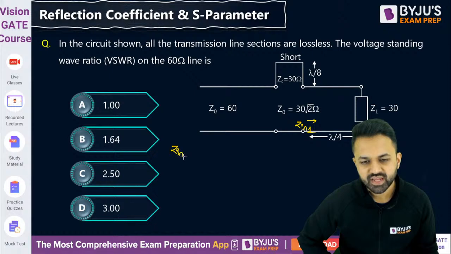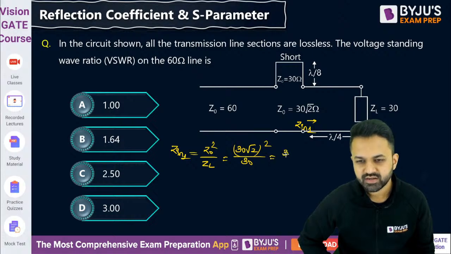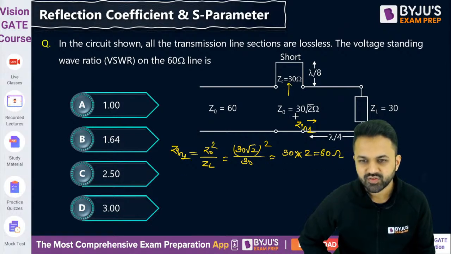So Zin1 is Z0 square upon ZL again. So here you will get Z0 square, means 30 root 2 whole square divided by ZL, which is 30. So you will get 30 into 2. So you are getting 60 ohms. Okay, now we are calculating for this.